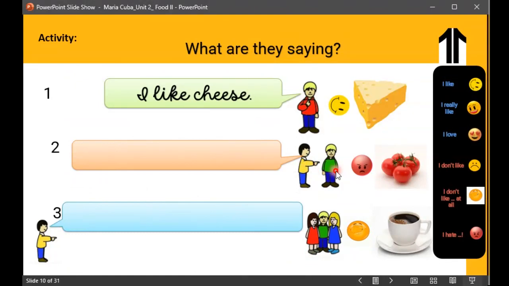You, right? You hate tomatoes. You hate tomatoes. Hate. It's you. You hate tomatoes. You. In number three, what do you think is the person saying?